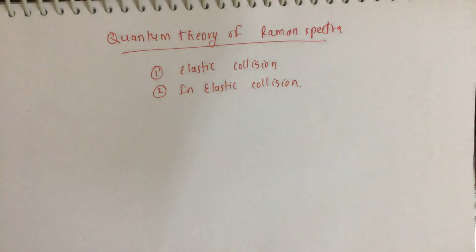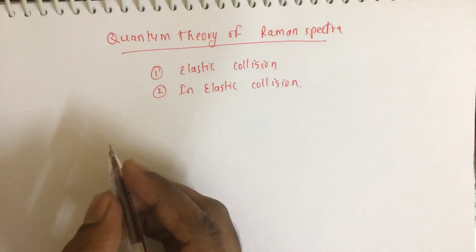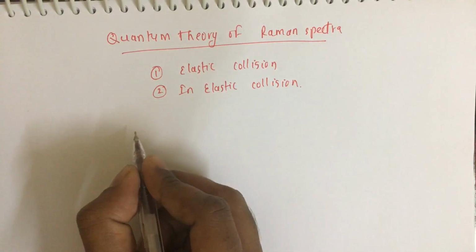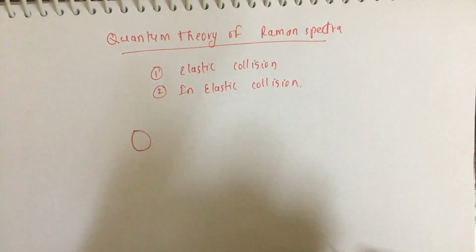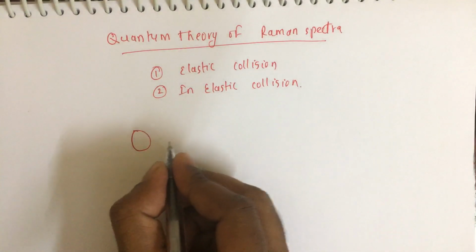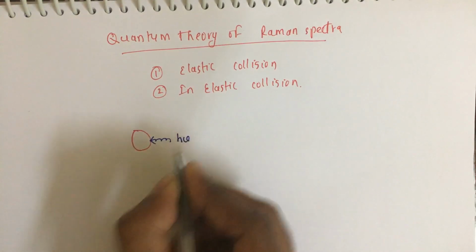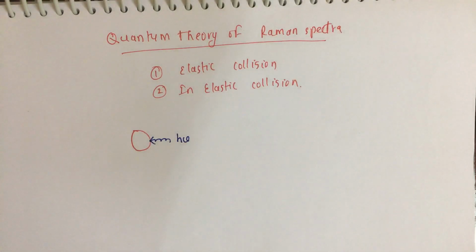Elastic collision means, when we have one molecule, that molecule is hit with a photon which has an energy of h nu.